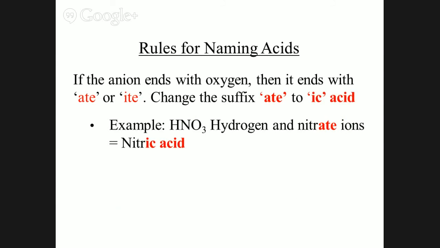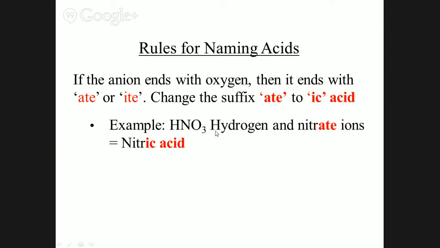Okay, what about the ones that end in ATE or ITE? Well, if they end in ATE, we change that to "ic", similar to what we did before, but there's no hydro in front now. So HNO3, the NO3 is a nitrate ion. It's on your list. Again, you won't have to have the list memorized.